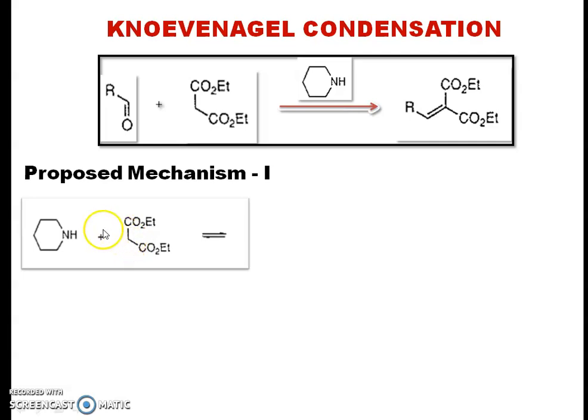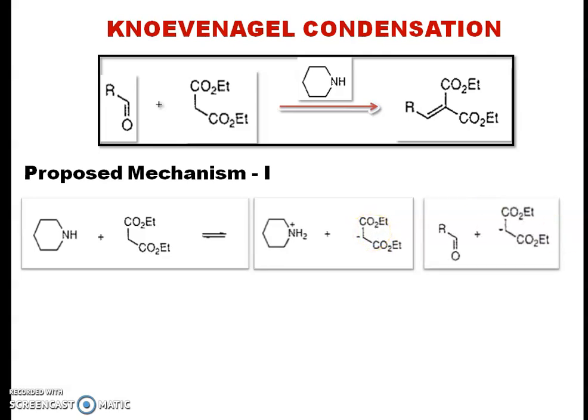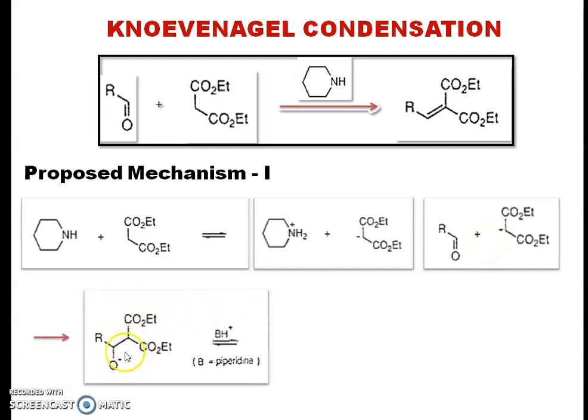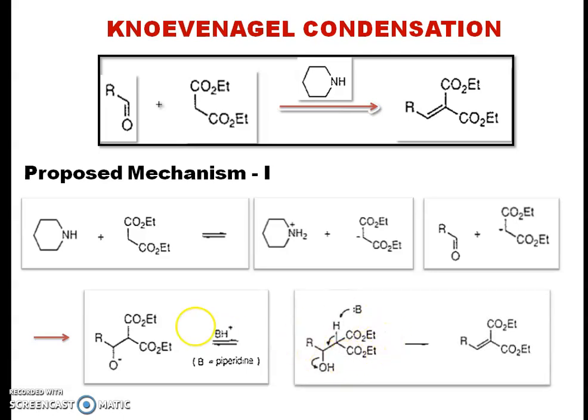First it forms an enolate like this, and this enolate is then nucleophilically added to the carbonyl, forming a C-C bond and an intermediate like this. In this intermediate the oxy is a highly electron dense region, and it undergoes an acid base reaction to form a hydroxy compound like this.